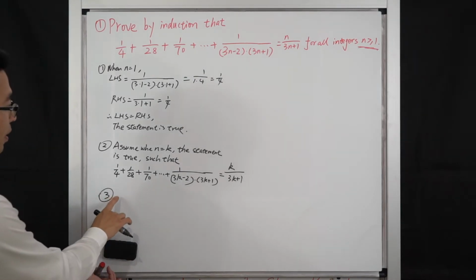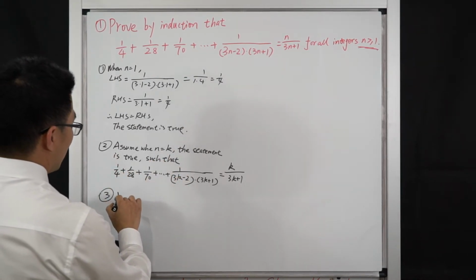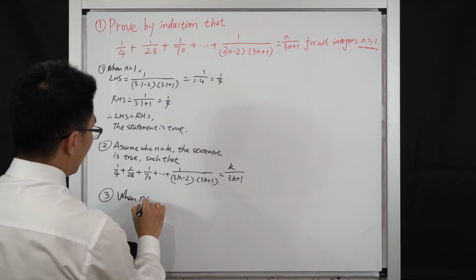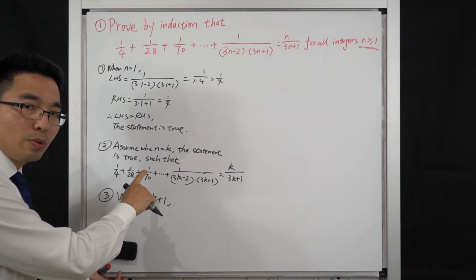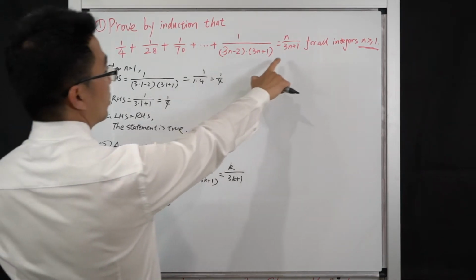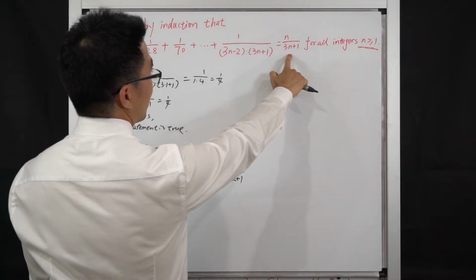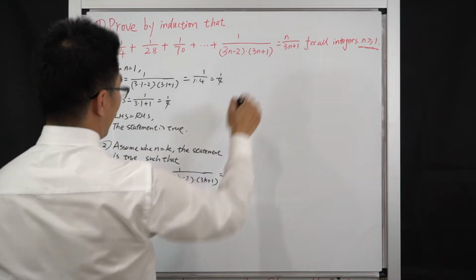Third step. We're assuming the statement is true when n equal to k, then the next step is when n equal to k plus 1. So we have to prove the statement is true one step further, to k plus 1. Since usually the right-hand side is simple, we get the right-hand side first, when n equal to k plus 1.